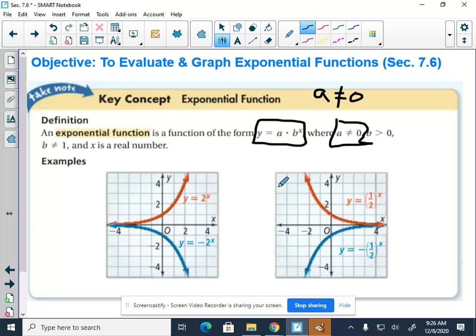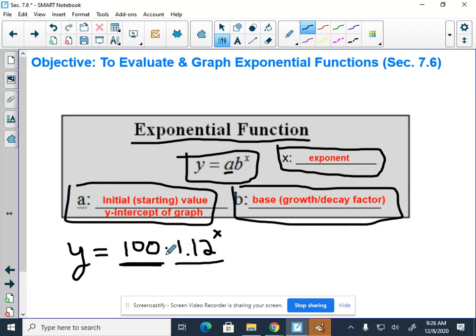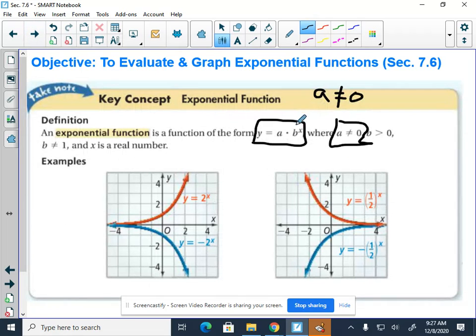In other words, I can't start with nothing and expect it to grow or shrink. You have to start with something. So you can't have exponential growth if you have nothing to begin with. If I had put a 0 here, 0 times anything is 0, I wouldn't have anything. A can't be 0, and that's what's written on this slide of the notes.